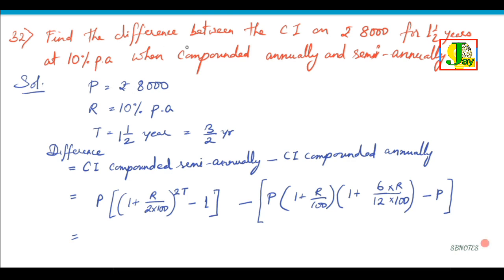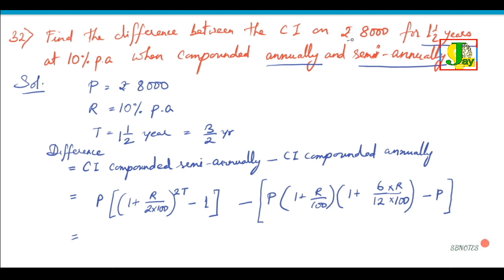Now if you see this question, find the difference between compound interest compounded semi-annually and compound interest compounded annually. So there are two cases, one is semi-annually and one is annually. So time is again 1.5 years.